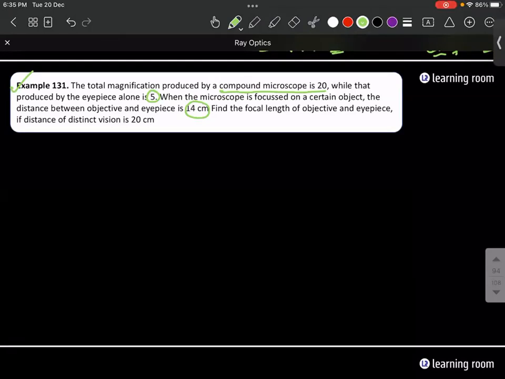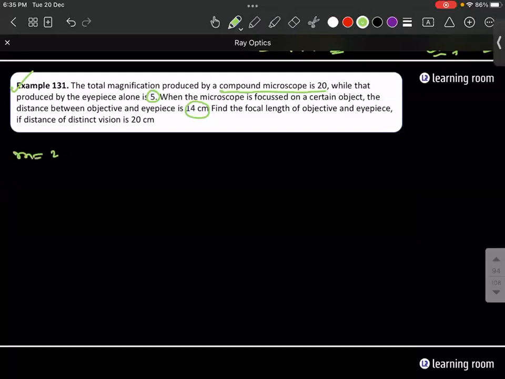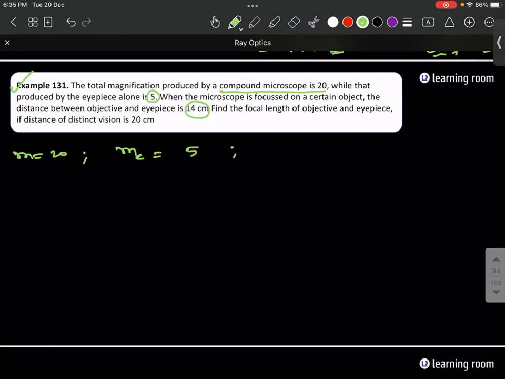Okay. So total magnification is 20 means what? Magnification is given as 20. Magnification produced with the eyepiece is 5. Least distance of distinct vision is 20 centimeter, and the distance between the objective and the eyepiece is found to be 14.